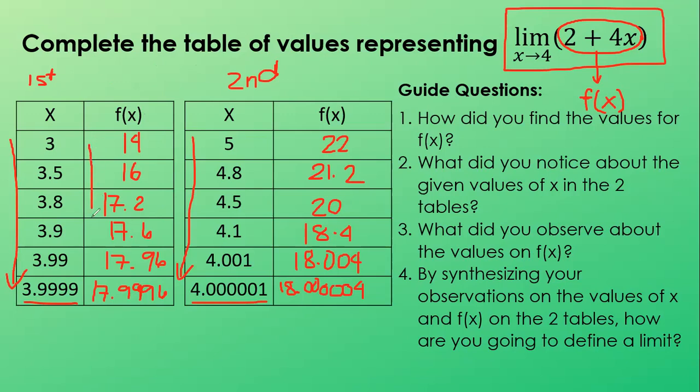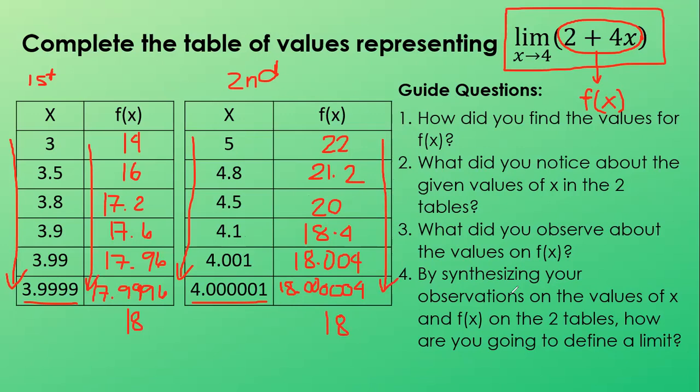Okay, it gets closer and closer to the value of 18. On the other hand, second table, it also gets closer and closer to the value of 18 as we go on, or as our x also approaches 4. Okay, so that's basically finding the limit of a function.